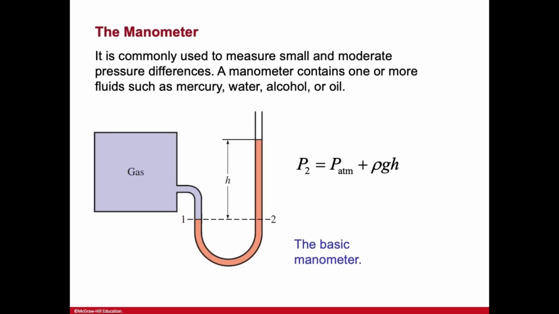Now you have seen a barometer, but a manometer works from the same principle. The only difference is you're not measuring atmospheric pressure, you're measuring the pressure of a fluid, which might be either liquid or gas, in a container, or let's say in a duct or a pipe.